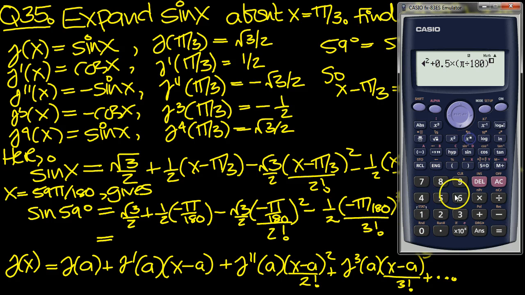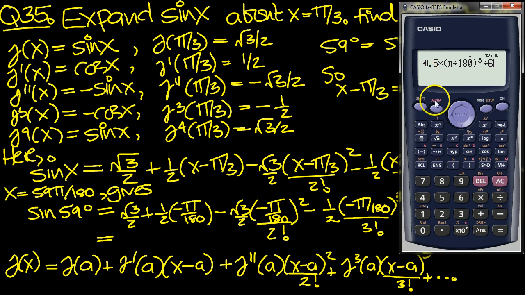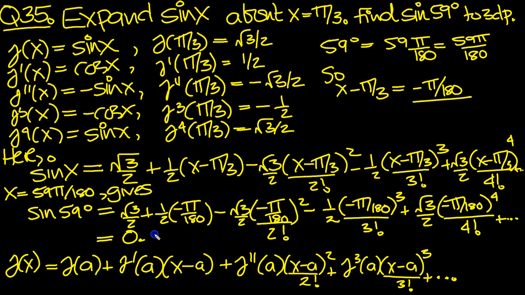Power 3 divided by 6 when we get down to ground level. Okay, now I think that will probably be sufficiently accurate. We're working to 3dp, and pi over 180 is an extremely small number. So 0.857, and that was to 3dp.